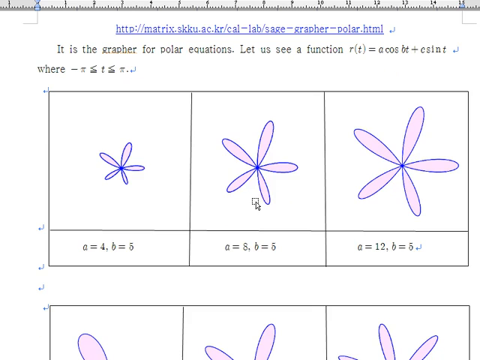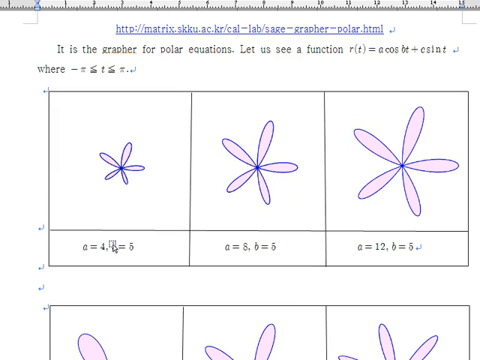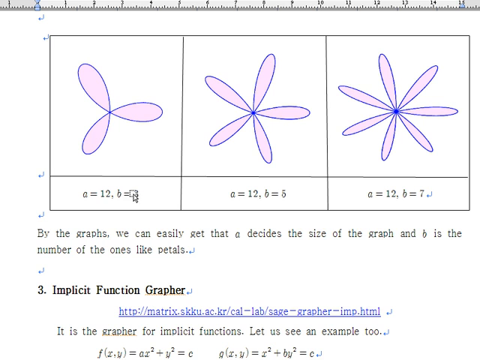In these examples, when we choose A as 4, 8, 12, we can see A means the size of the graph. Here we change B from 3 to 7: when B is 3 there are 3, when 5 there are 5, and when 7 there are 7.